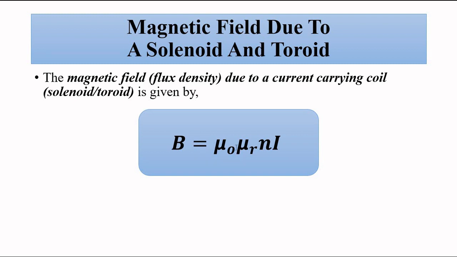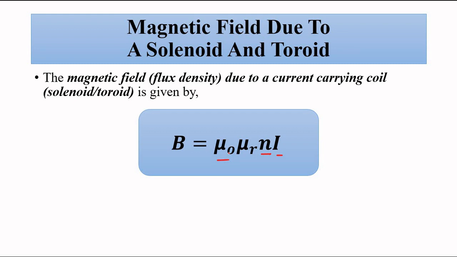B is equal to mu 0 mu r n I, where mu 0 is the absolute permeability, which is constant. N is the number of turns of wire, that is also constant, and the current passed through the solenoid or toroid is also kept fixed.